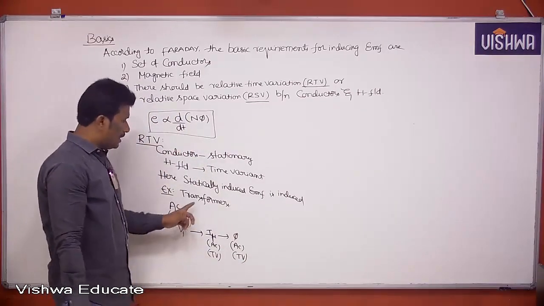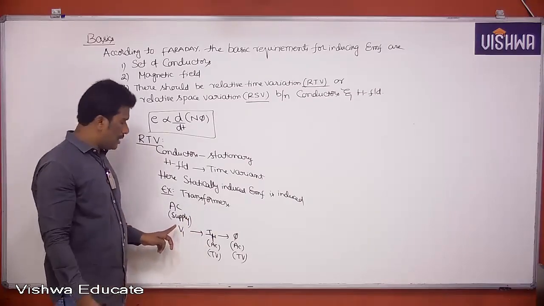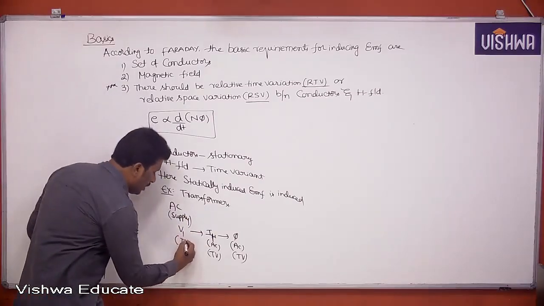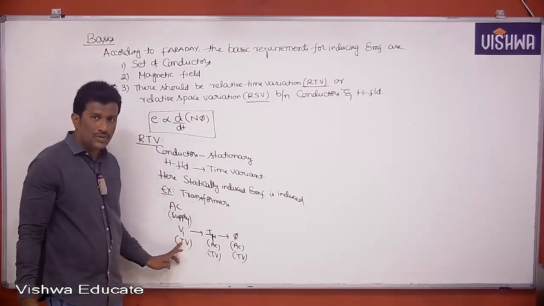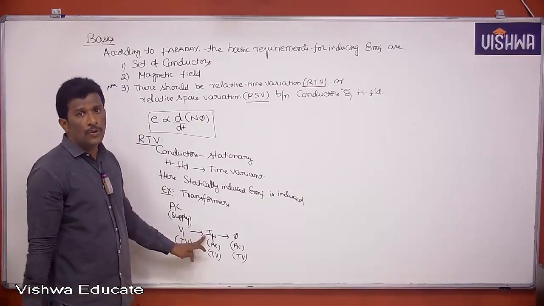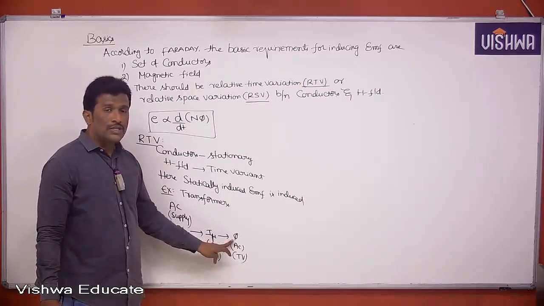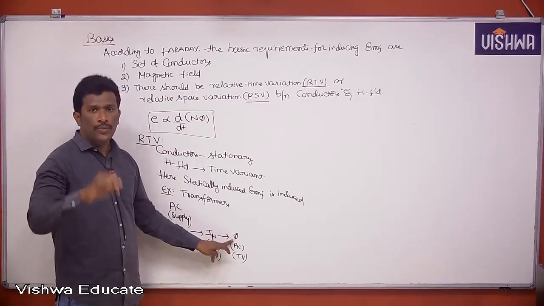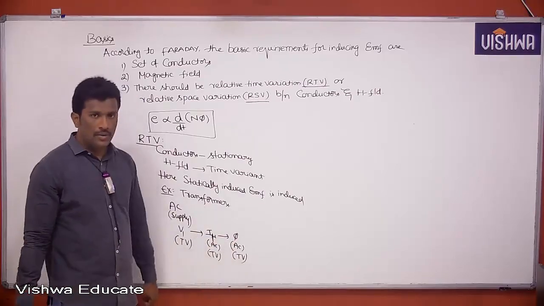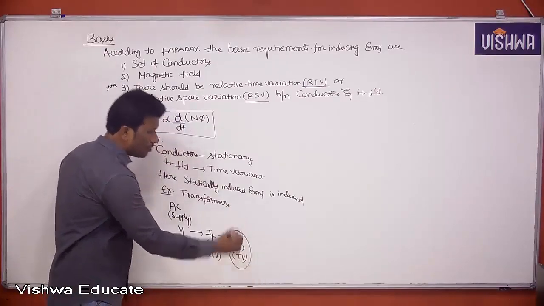Observe clearly, in a transformer, which type of supply are we giving? AC supply, a time variant voltage source connected to the transformer. Because of that, the current taken by the transformer is also AC, time variant. So flux produced in the transformer core is also AC, time variant. Flux is an AC quantity.